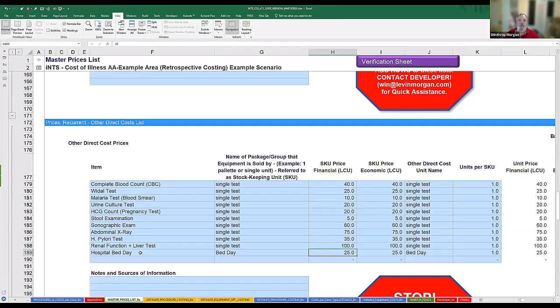So what we ended up with in Ethiopia and in Ghana, we had two files. One was a costing for a health facility, a health clinic, and a second was a costing for a hospital.